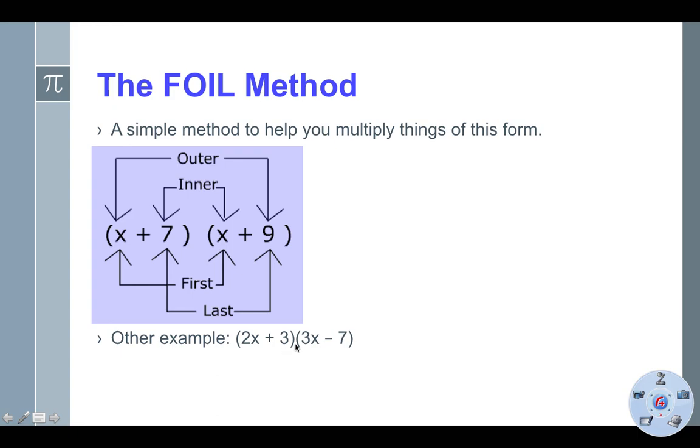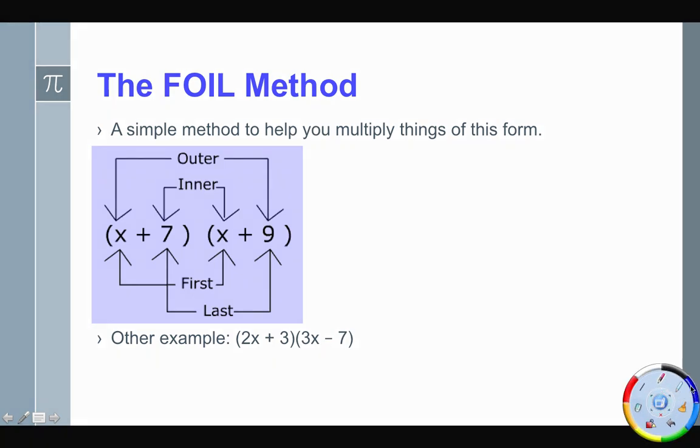Let's say we have 2x plus 3 times 3x minus 7. If I was to do the FOIL method here, I would say my first is 2x times 3x. So it's F, first times the first. So 2x times 3x is going to be 6x squared, because 2 times 3 is 6, and x times x is x squared.